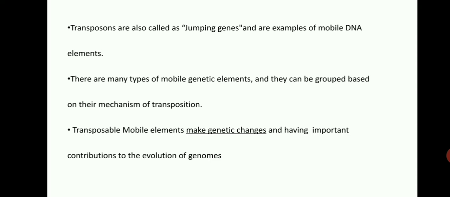They produce chromosomal mutations as we discussed. If a copy of a transposon gets inserted into the genome, then the copy number increases, and the size of the genome increases.